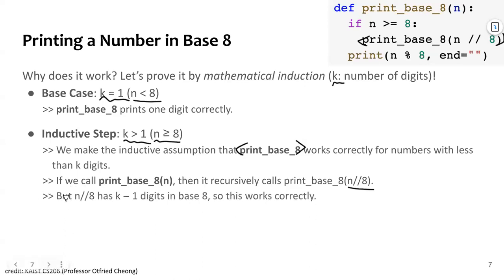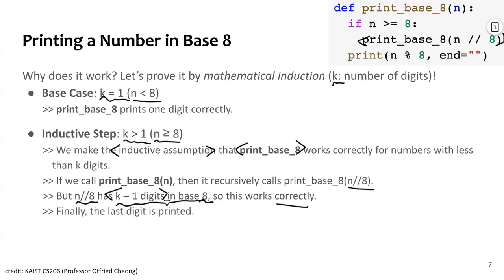But n/8 has K minus 1 digits in base 8. And by the inductive assumption, we assumed that this function works correctly for these numbers. So this will work correctly.